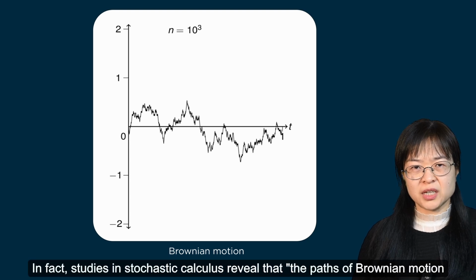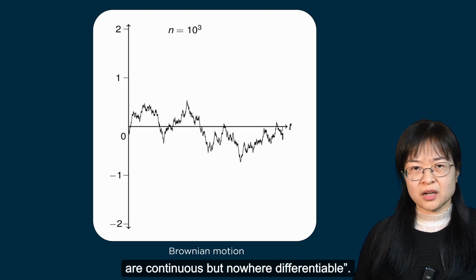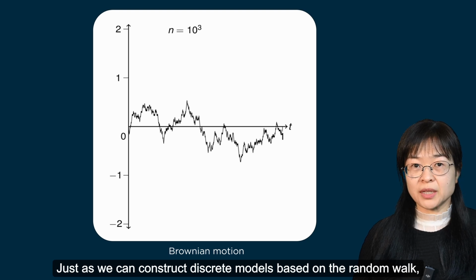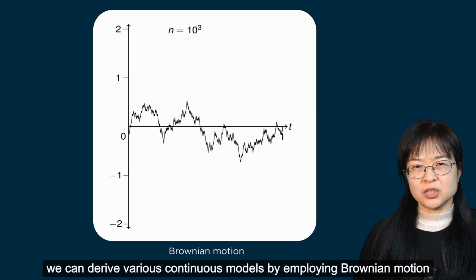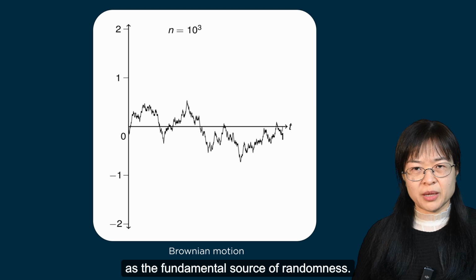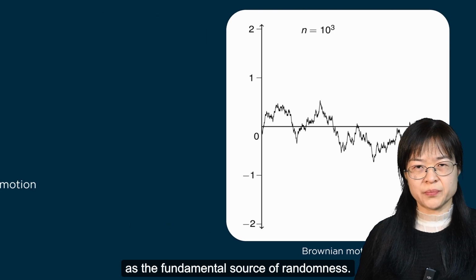In fact, studies in stochastic calculus reveal that the paths of Brownian motion are continuous, but nowhere differentiable. Just as we can construct discrete models based on the random walk, we can derive various continuous models by employing Brownian motion as a fundamental source of randomness.